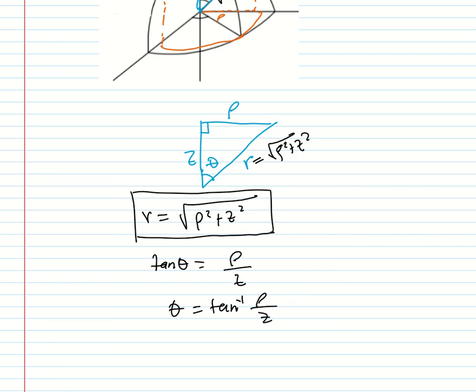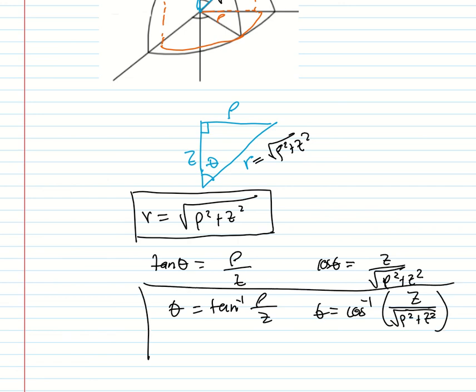So instead of tangent, we can also use cosine. Cosine theta is equal to the adjacent side, which is z, divided by the hypotenuse r, which is the square root of rho squared plus z squared. So theta can also be written as cosine inverse of z all over the square root of rho squared plus z squared.